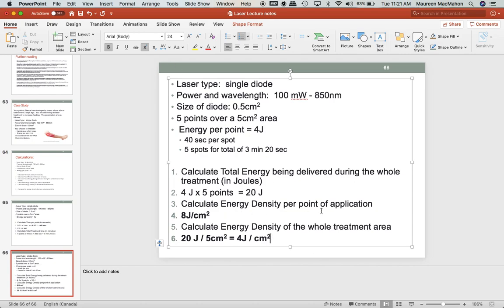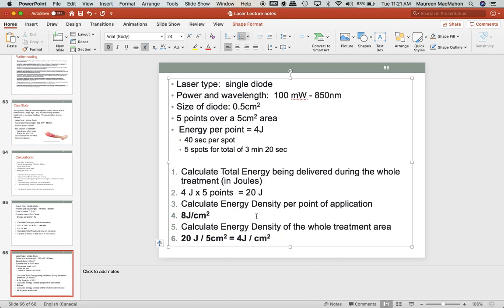So the energy density per point of application. Why that's important is that in each point of application, the energy is going to be more dense in that point. But over the whole area, the energy density is going to be less. We've only done points of application for about half of the whole area.